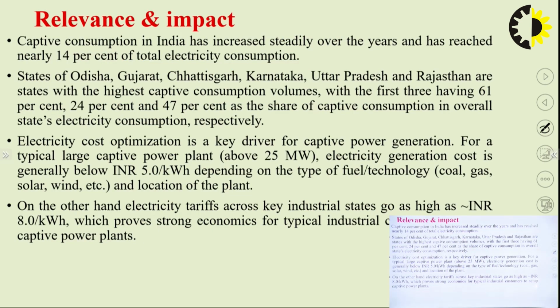Now, let us see what is the relevance of these captive power plants and what will be the impact. Captive consumption in India has increased steadily over the years and has reached nearly 14% of the total electricity consumption.